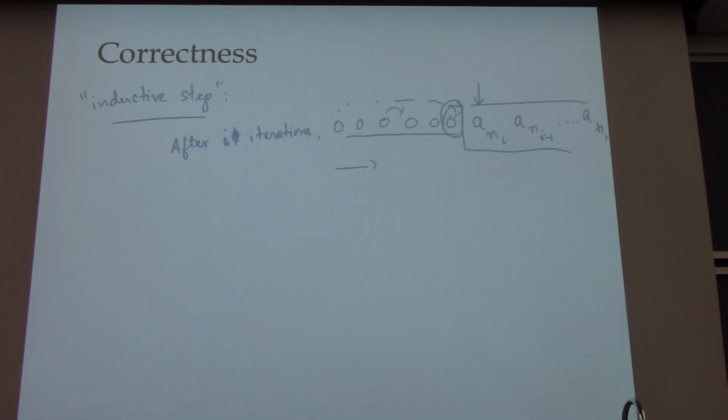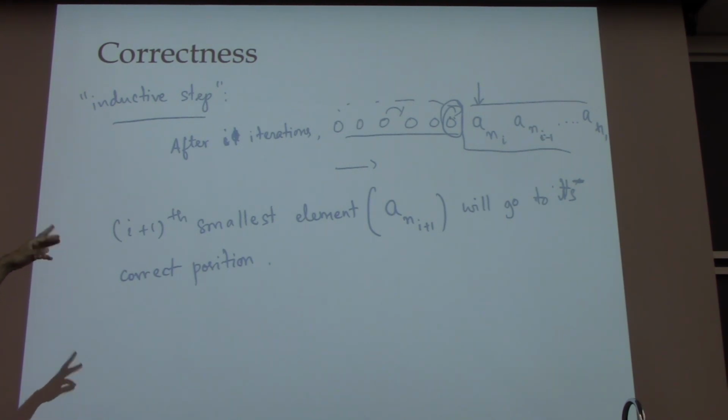So the (i+1)th largest element, which we are denoting a_n_(i+1), will go into its right position, and no further. And nothing on the left will get swapped with something on the right, because those were the i largest elements.